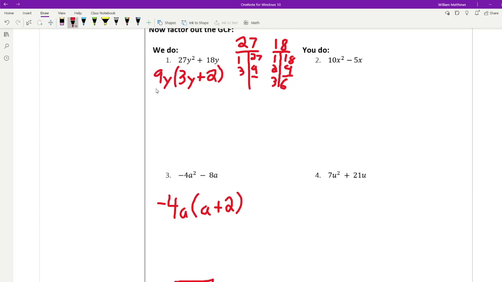Whatever greatest common factor we are using, we write on the outside of parentheses. This is the opposite of distribution property. And then whatever remains, we rewrite on the inside. Our 3 and y for the first term, and then our 2 for the second term.